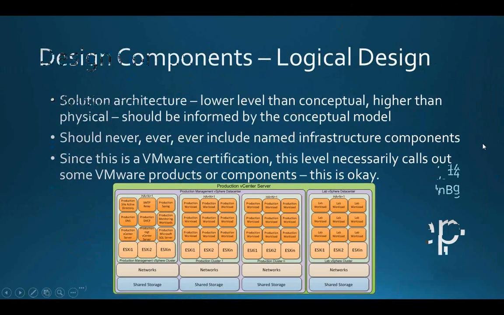Since this is a VMware certification, you'll necessarily call out VMware products or components, and that is okay. It's not really the same as calling out my server manufacturer or my switch manufacturer. At this point, calling out your vSphere components is acceptable and appropriate.